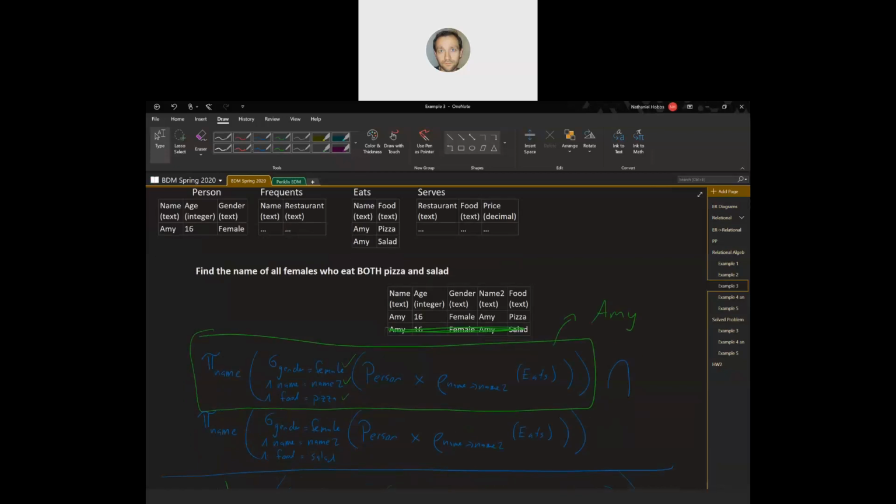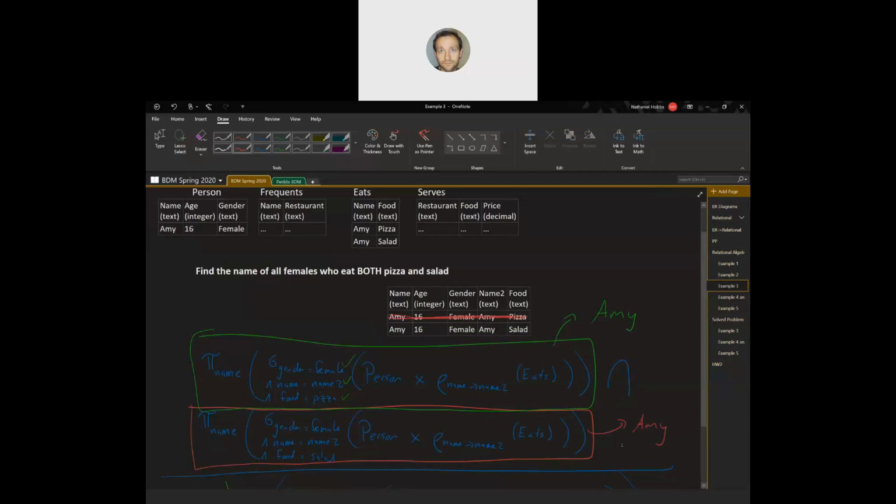Then, similarly, this second relation is the same thing, except this only keeps foods that are equal to salad and outputs the name. So this also outputs Amy.